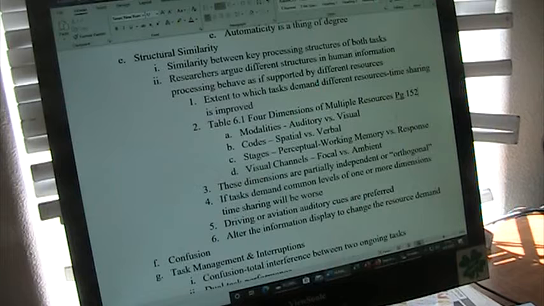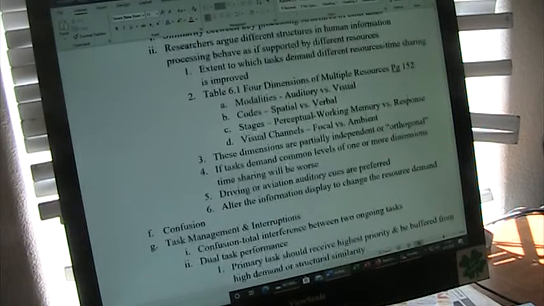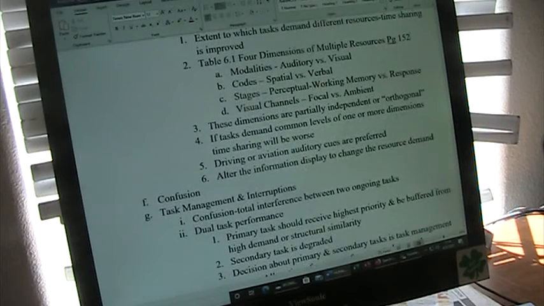Verbal is listening to speech, rehearsing, such as when you're memorizing a telephone number, or speaking. Our stages are perceptual, working memory versus response.